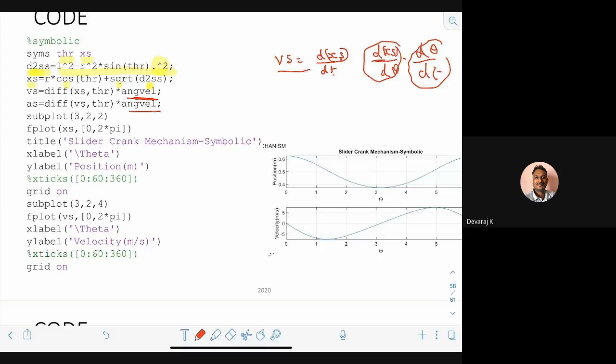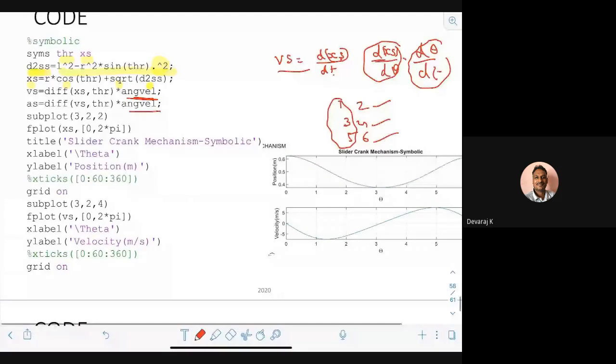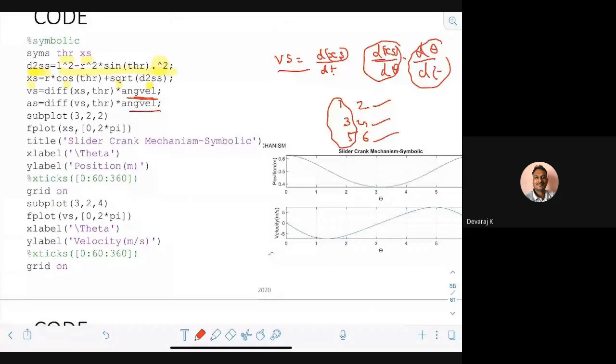Now, what are the graph positions I need to plot? I told you 1, 2, 3, 4, 5, 6. Now, these are all analytical, so 2, 4, 6. So just say plot, and you want to plot it from 0 to 2 pi, because degrees are difficult here. So subplot 2 for displacement, from 0 to 2 pi on the x-axis, and xs is the value.